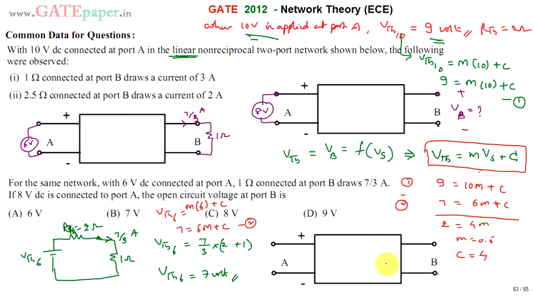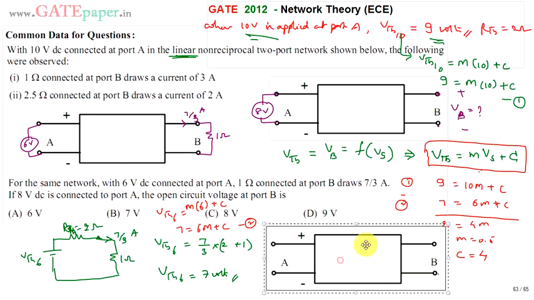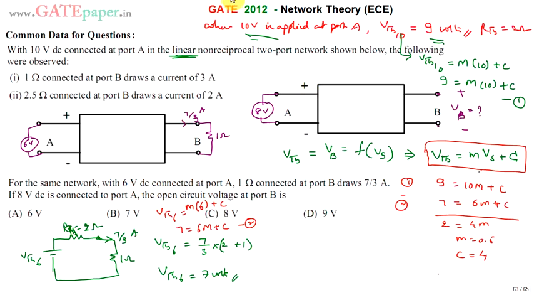So VTH8 is equal to m times 8 volts plus c, that is 0.5 into 8 plus 4 volts. So 8 into 0.5 is 4 and the c value is 4. 4 plus 4 is 8 volts.